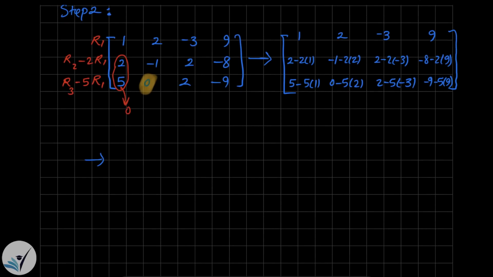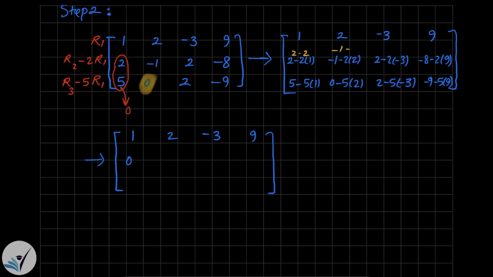After simplifying the matrix above, we would get 1, 2, negative 3, and 9 on the first row. On the second row, we would get 2 minus 2 is 0.